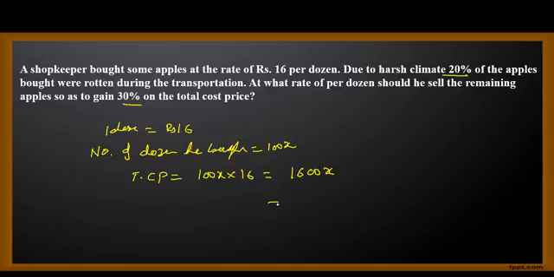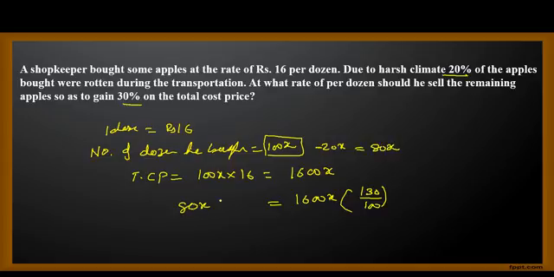So he wants a profit of 30% on 1600x, so he has to get 130 by 100 of it. But 20% of apples got rotten, so 20x is deducted. How many apples are left over? 80x. At what price does he have to sell? Let the price be P. x and x will get cancelled.